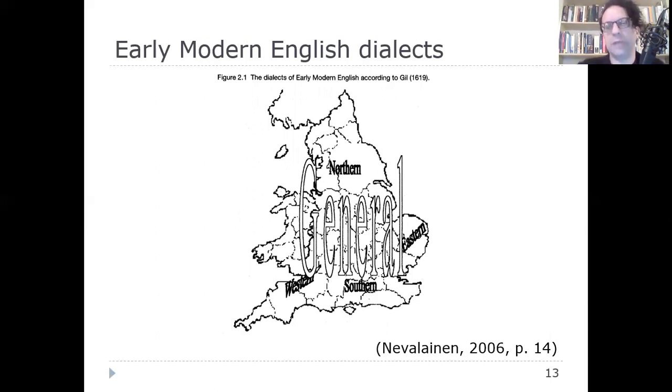So there's something non-regional about this new form of English that is now developing and becoming a thing, really, for the first time since ages.